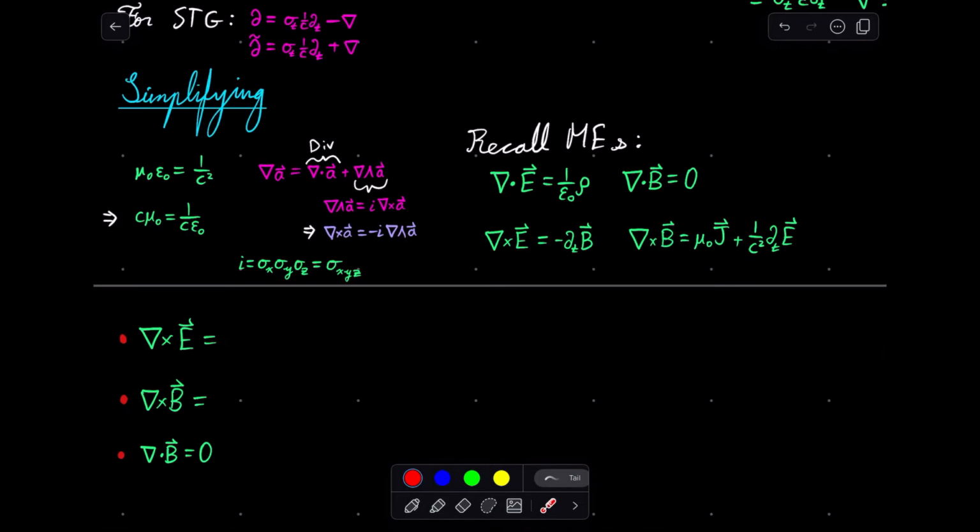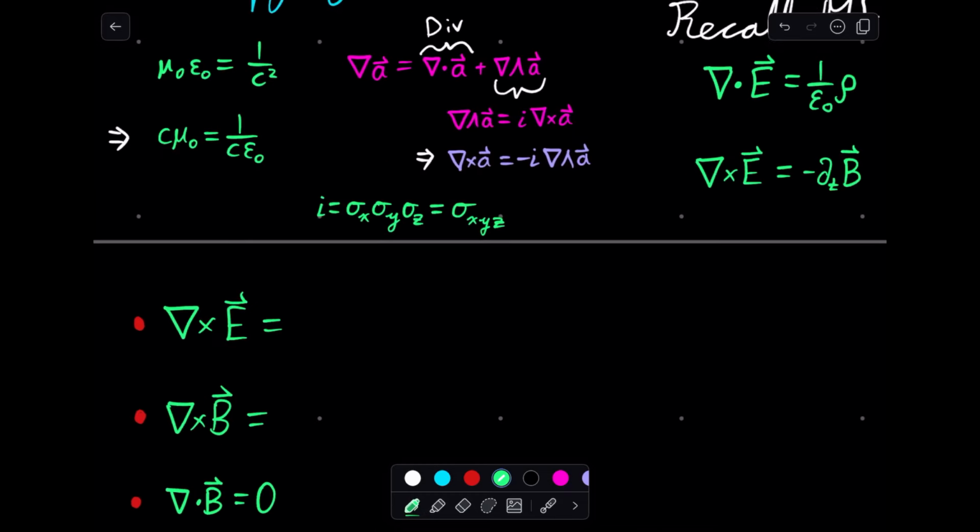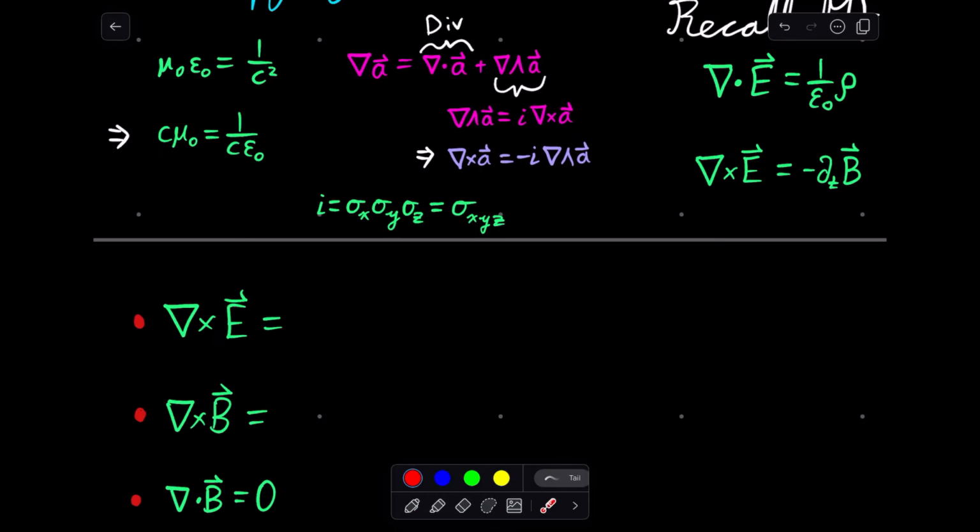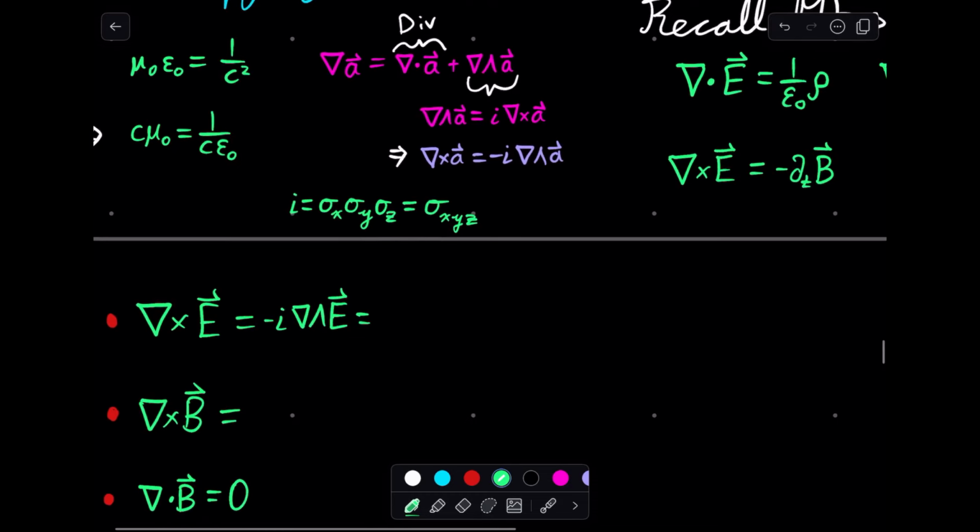So, the first step is to take the curl of E and then use this identity right here. So it's minus I wedge curl of E. And this, of course, is still equal to negative partial time of B. But this implies that if we multiply by I on both sides, the negative sign and the I will go away here.